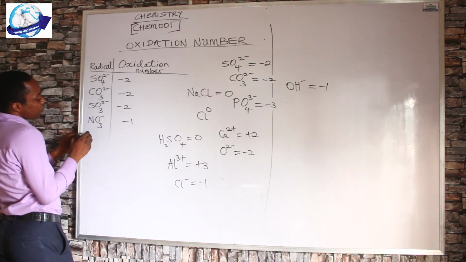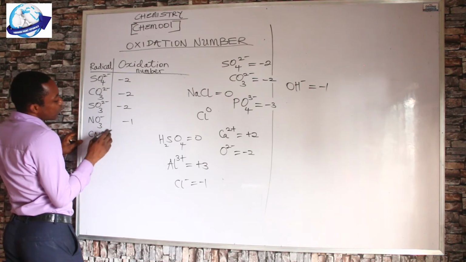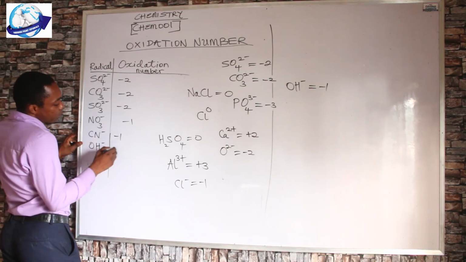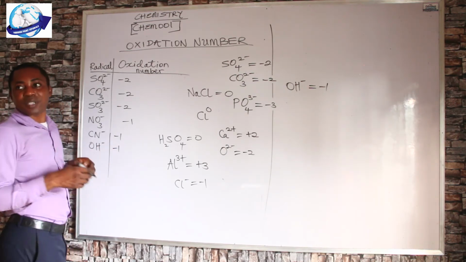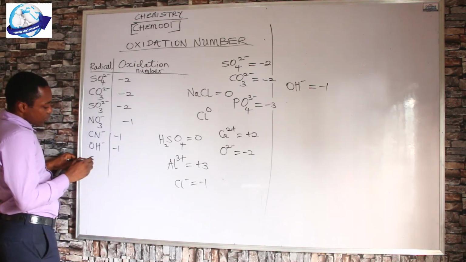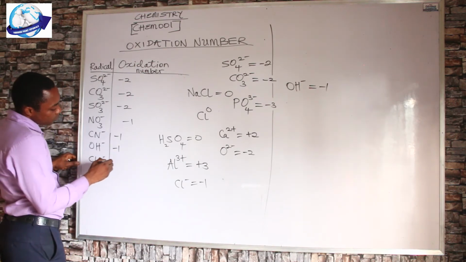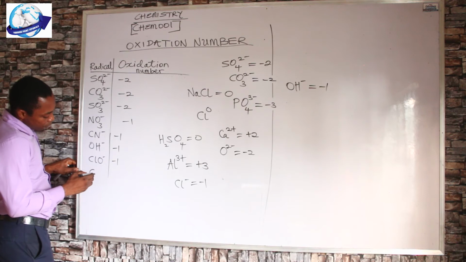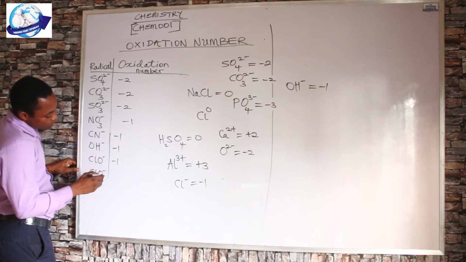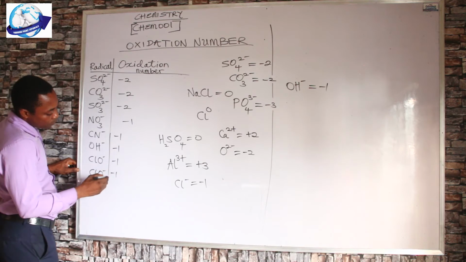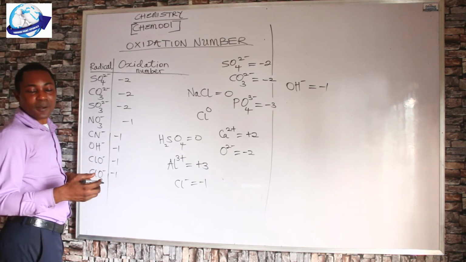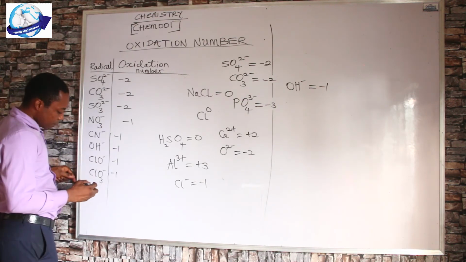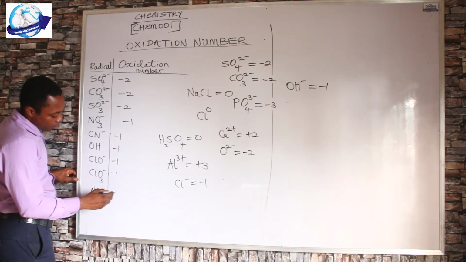In the case of the cyanide ion, it is minus 1. In the case of the hydroxide ion, it is minus 1. Then we have others, like ClO3 minus, which is minus 1, and NO2 minus is minus 1, and so on.